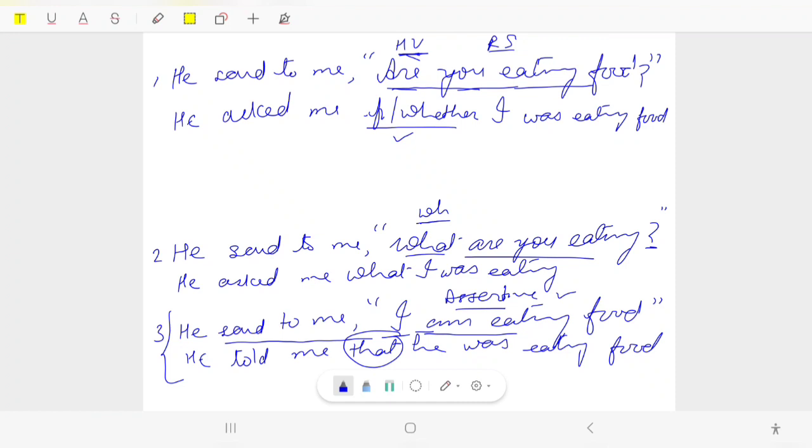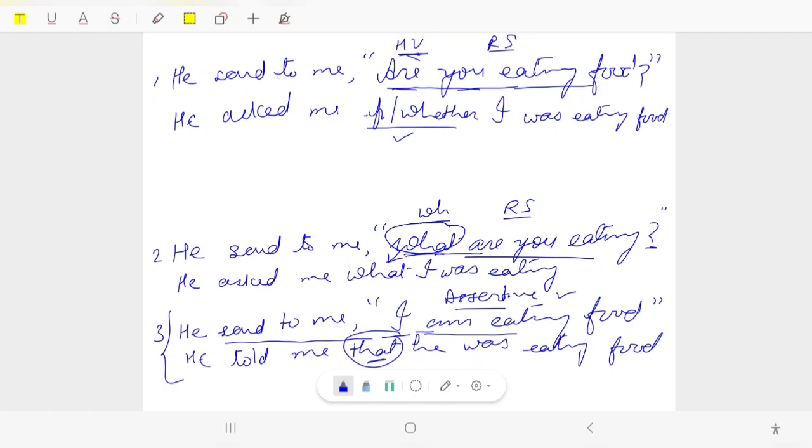The rest of the changes are as before. And if the reported speech has an interrogative sentence beginning with a WH word, then we use the same WH word for joining these two parts instead of "that."